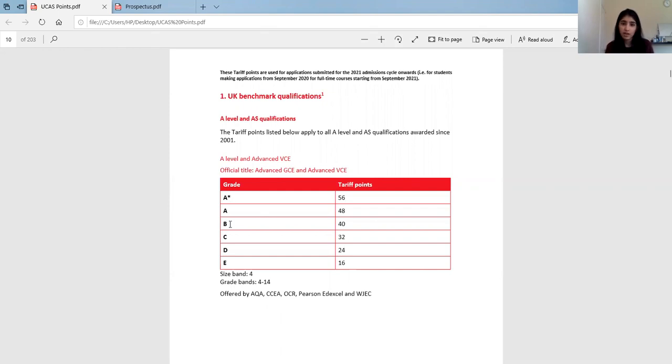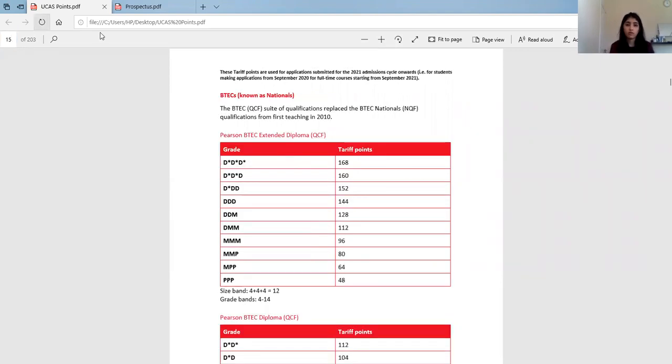So here we can see that if you received a grade B in an A level, that would be equivalent to 40 UCAS points. And that is also here for BTECs as well. So for example, if you got 3 distinctions, that would be equivalent to 144 UCAS points.